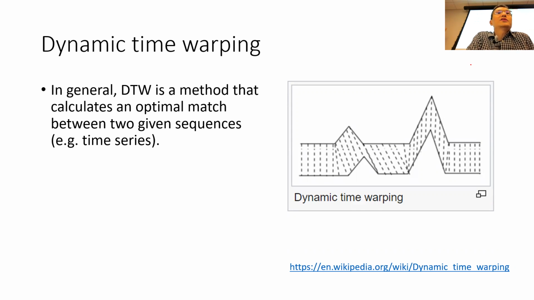This technology is to match, basically to optimize, two given time series sequences. These two sequences should not be the same length. One may be shorter than another.